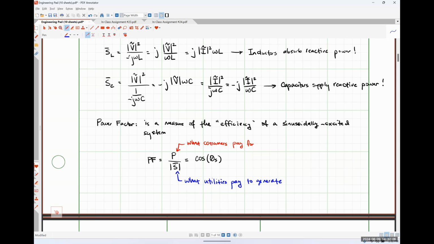So effectively, think about it in this context, okay? The electric utility pays to generate complex power that has some real part that gets converted into mechanical energy or turned into heat. And it also has to pay to generate reactive power, where reactive power is power that is absorbed by the load for one half cycle and then supplied back to the load for the second half cycle. And that happens over and over and over again.